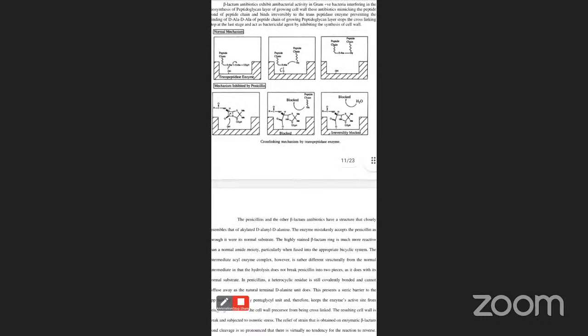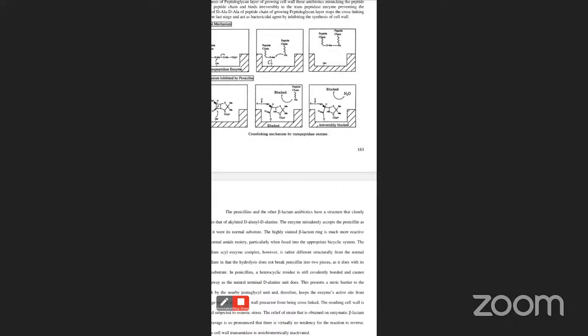So the peptidoglycan chain formation is going to stop there, because the transpeptidase enzyme active site is occupied by the penicillin. Peptidoglycan chain synthesis is not going to take place, so the cell wall synthesis stops. If the cell wall synthesis stops, there is no growth of the bacterial population.